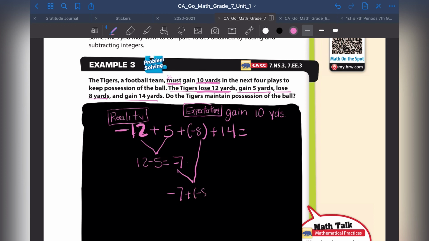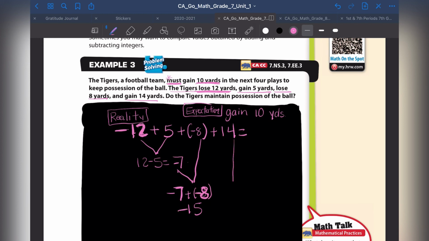Plus negative 8, I add them. 7 plus 7 is 14, plus 1 more is 15. They're both negative, so I keep it negative, or you're going to say the largest number is 8. That one's a negative, so our answer has to be negative.